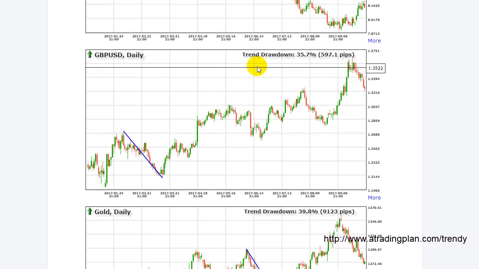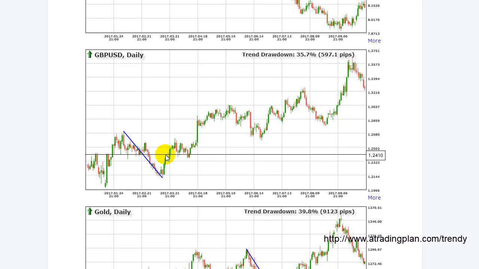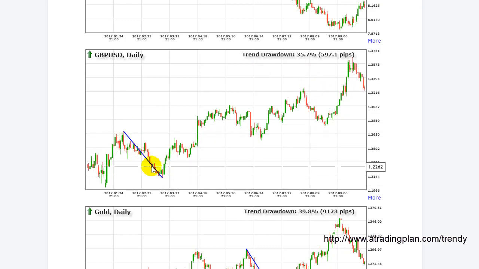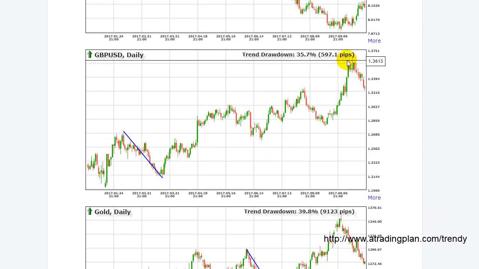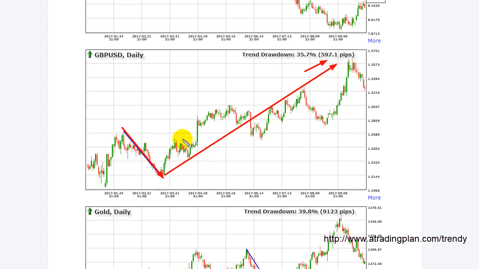So even the pound US, this is a big drawdown right here, but we still have an uptrend. So this is basically saying, again, until we exceed this, it's actually still an extreme pullback, obviously, in the context of this overall uptrend. But if we do get a pullback of 500 pips, it does not necessarily mean our uptrend is over, because you can see this one here was 597 pips, but it did not invalidate our uptrend.